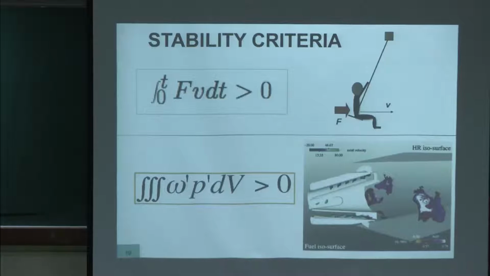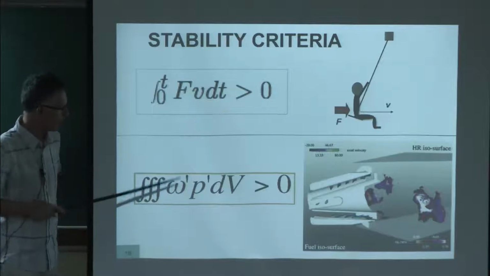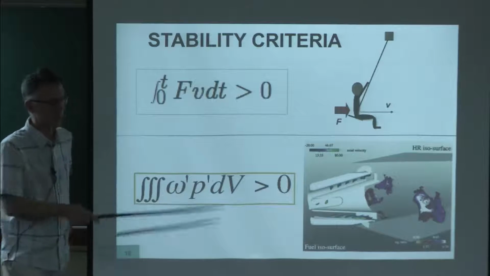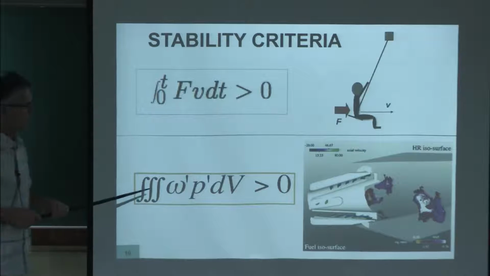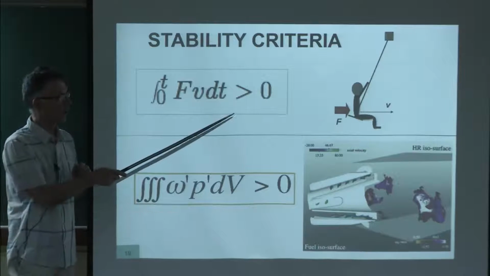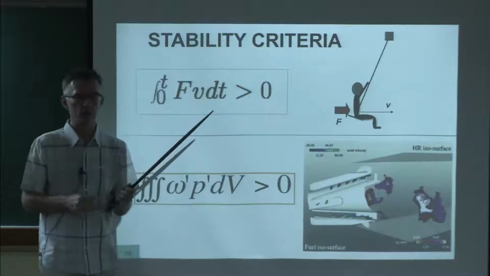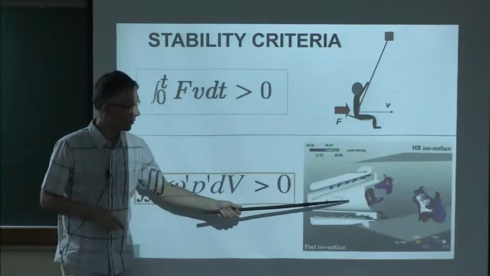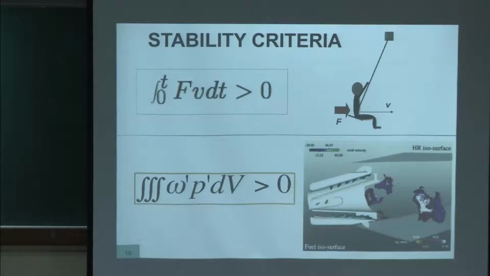So exactly in the same way that we had F v must be positive for the swing, we have omega prime p prime must be positive for combustors. Remember that we did this assuming that there are no losses. In the swing, if this thing is rusted, you're going to need more energy. It's the same thing here. If you lose acoustic energy somewhere, you're going to need to put more energy into the omega prime term.